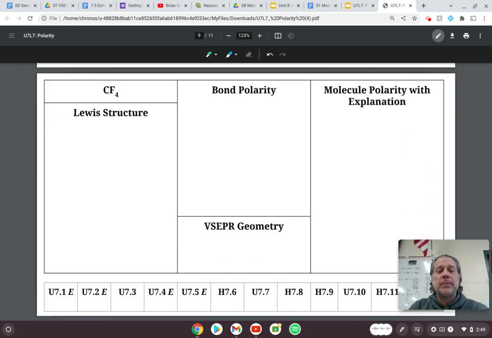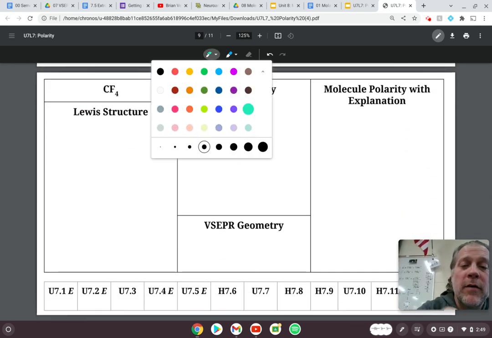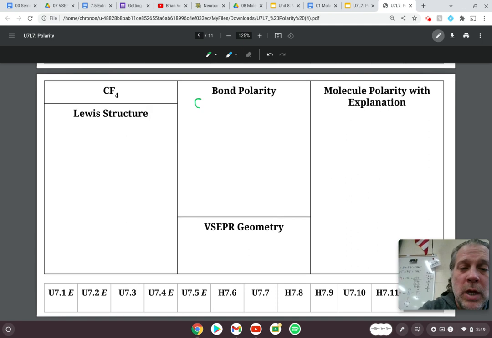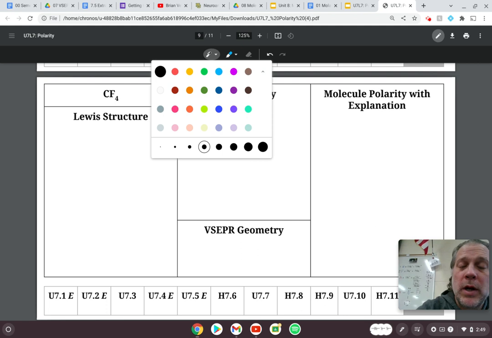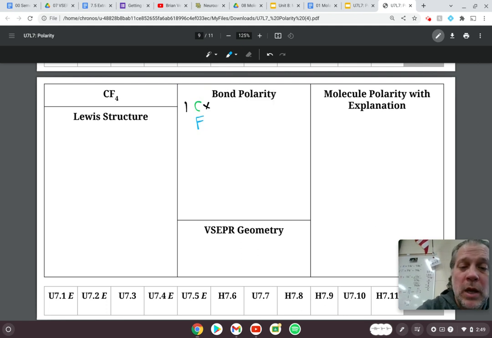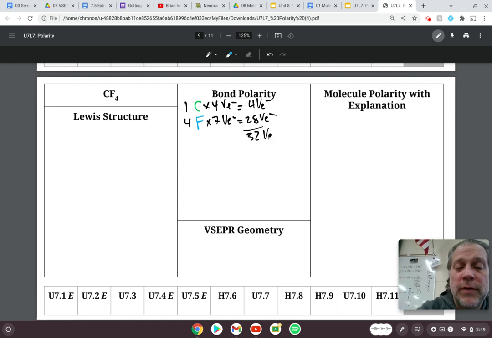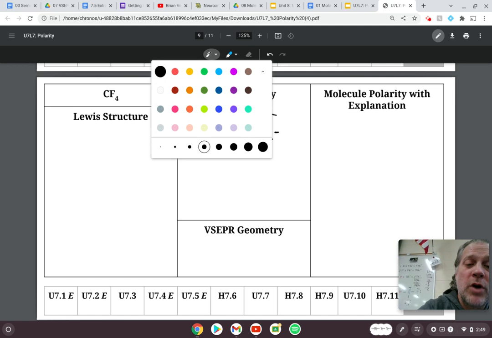Here I have CF4. I have my one carbon. I have fluorines. My one carbon has 4 valence electrons. I have 4 fluorines. That has 7 valence electrons. And that's 32 total valence electrons. So I'm going to draw this structure.